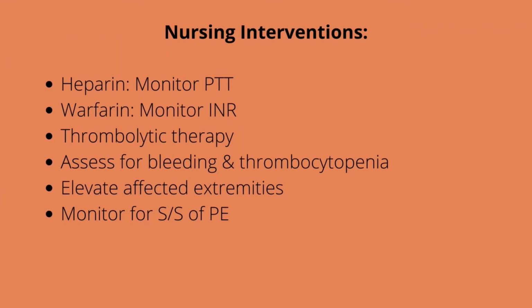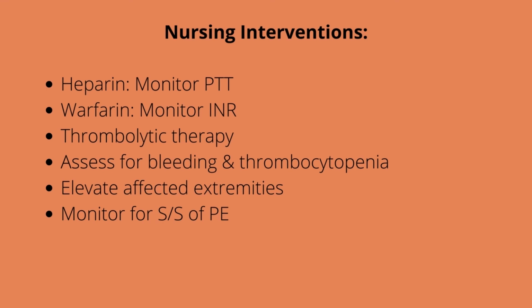So with these patients, what do we do? Our nursing interventions include monitoring heparin and warfarin therapy. That's our PTT and INR. We administer thrombolytic therapy. We assess for bleeding because we are thinning this patient's blood. We elevate the affected extremity and apply warm, moist compresses, right? And we monitor for signs and symptoms of a PE.